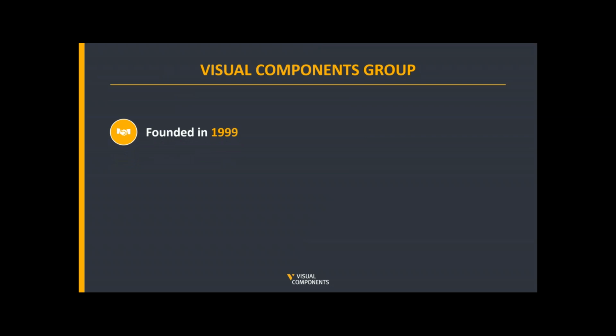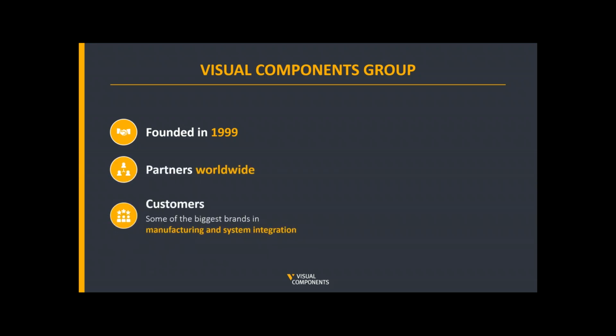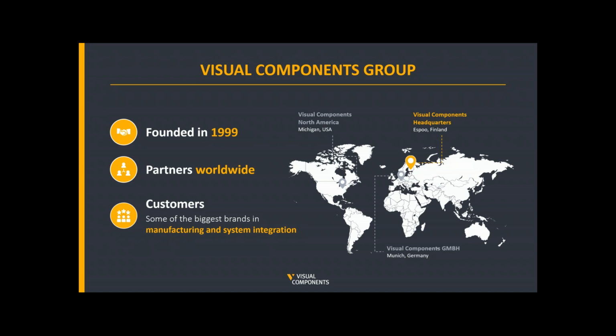First, some words about the company. The company was founded in 1999, so we turned 20 years old last December. We have been working with a worldwide partner network, and our customers are typically related to manufacturing, automation, or system integration. We have 3 offices. Our headquarters is in Finland, in Espoo, close to Helsinki.